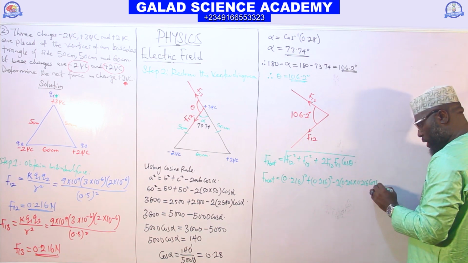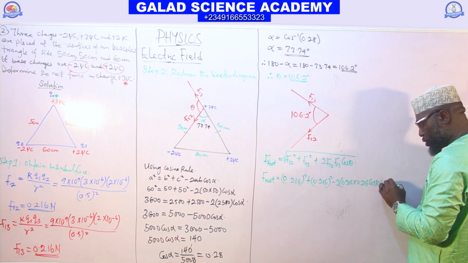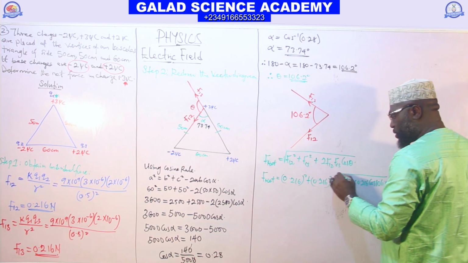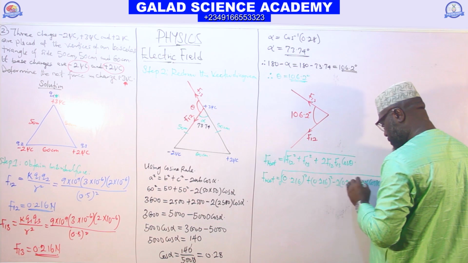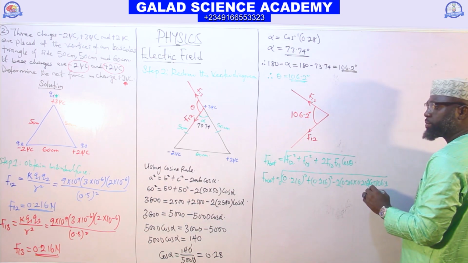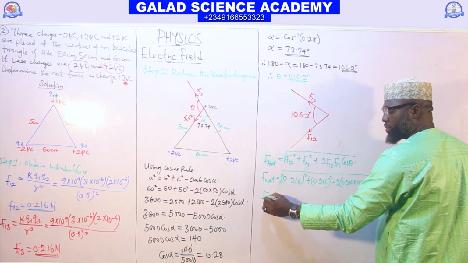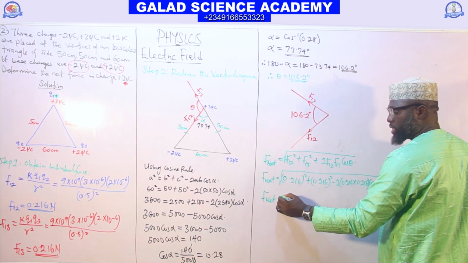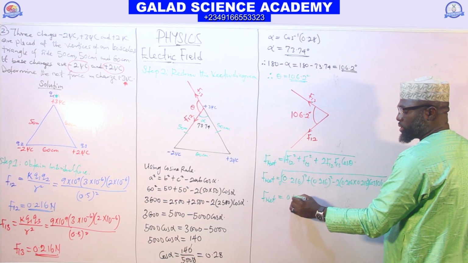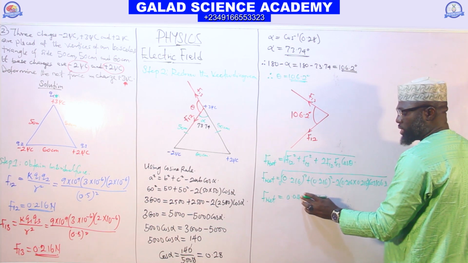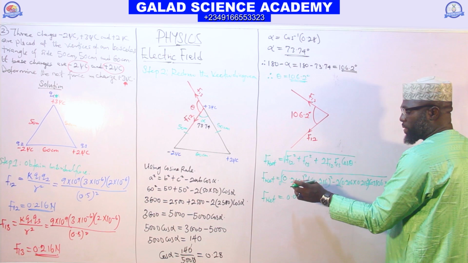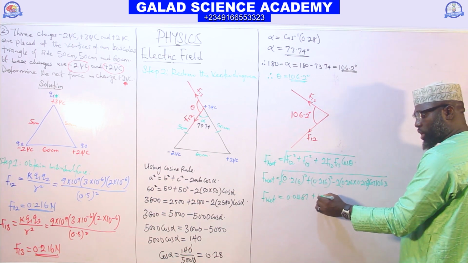We're having 106.2. So everything, square root. This is what we have here. By doing that, we have F naught equal to 0.0467. If we square this, we also have 0.0467.